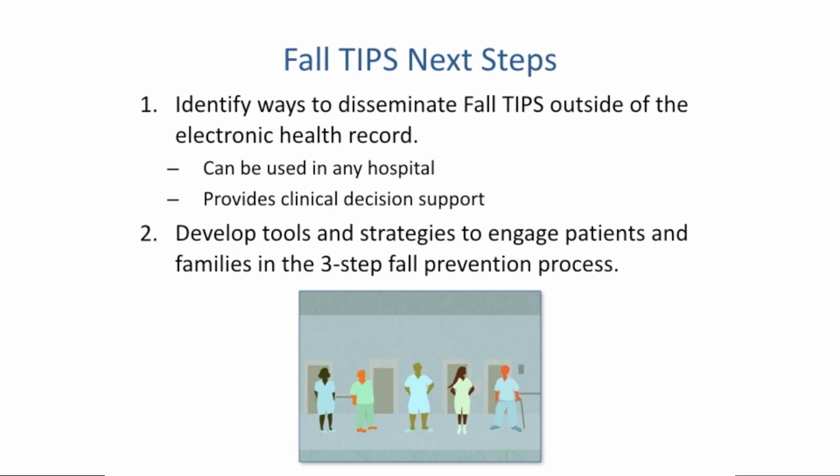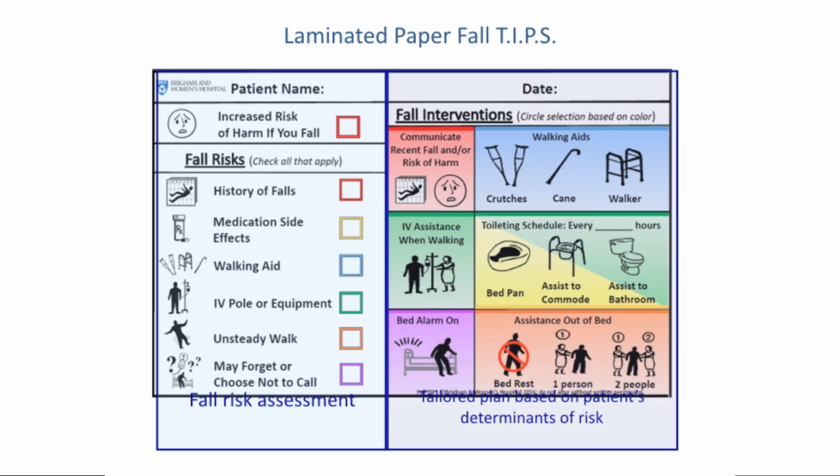We also knew that it was important to look at this patient engagement piece. And so we had one goal: to develop tools and strategies to engage patients and families more in the 3-step fall prevention process. We were funded by AHRQ to develop some patient-centered tools, and one of the tools that we developed is this laminated paper fall tips.